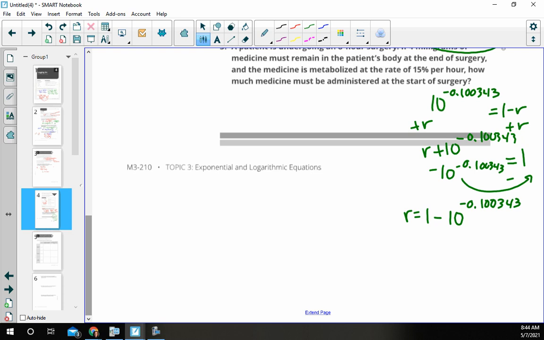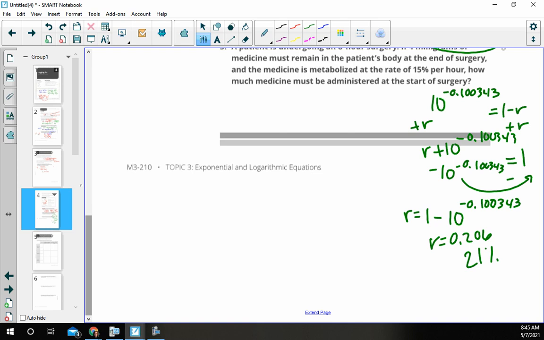Okay, so then if you go ahead and type that into your calculator, we should be getting 0.206, so almost 21%. Okay, so that's almost 21% that it's decreasing by.